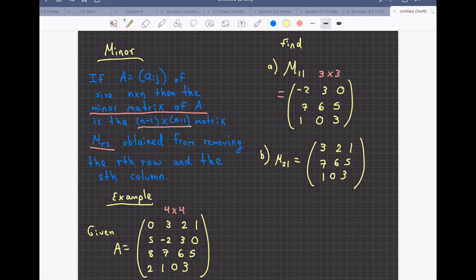And so on. For example, what is M12? They are not necessarily the same in general. Here I have to eliminate the row 1 and the column 2. What is left? 5, 3, 0, 8, 6, 5, 2, 0, 3.